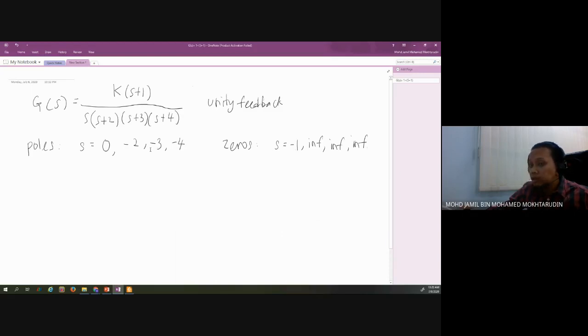So 4 poles meaning that the root locus has 4 branches. Branches maksudnya ada 4 graph lah. There are 4 graphs in the sketch. So here your root locus has 4 branches.